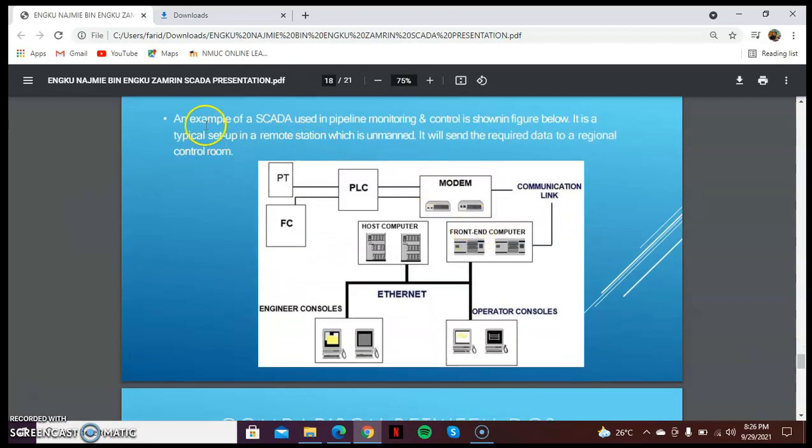So this is an example of SCADA in pipeline monitoring.